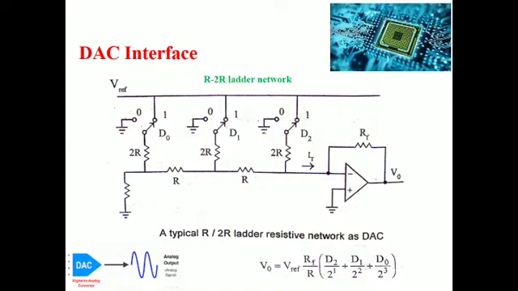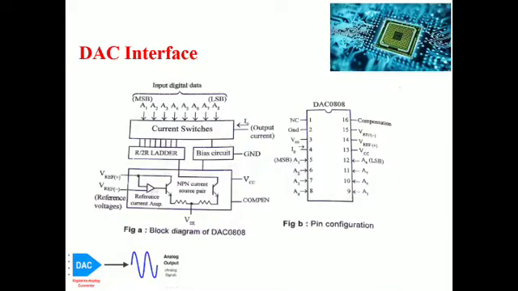Next, the AD558 can directly interface to the 8085 microprocessor bus, and it requires only two control signals: one is a chip select and the other the chip enable. So these are all the important informations. This is the pin details of your DAC IC and the block diagram.